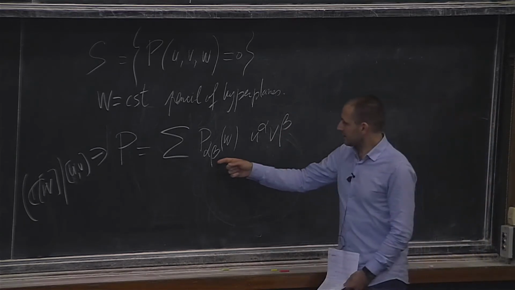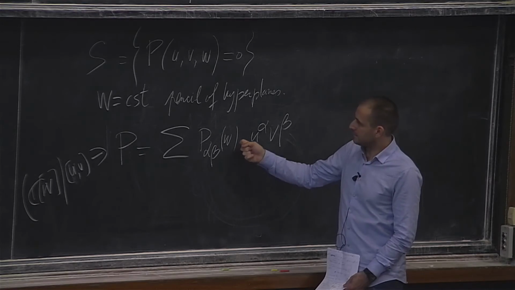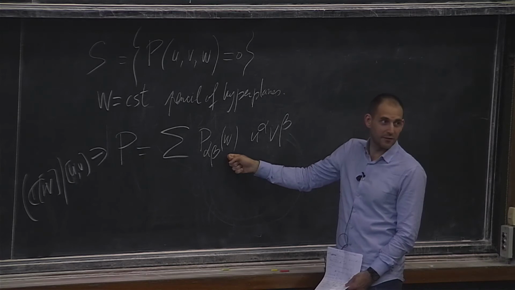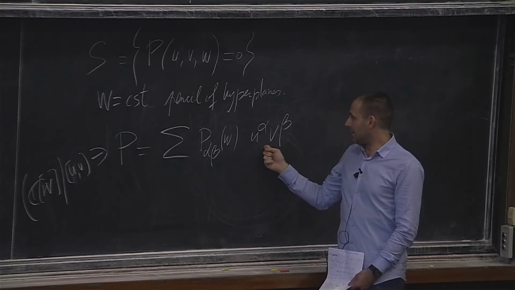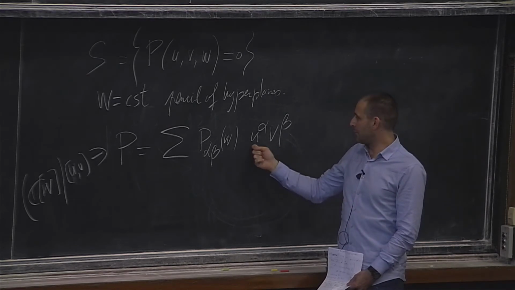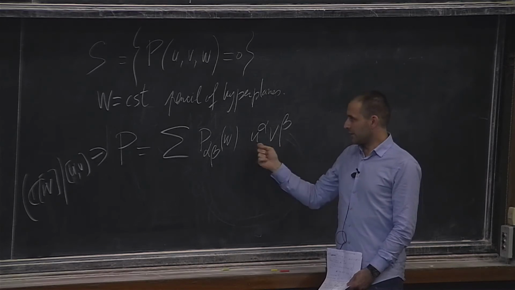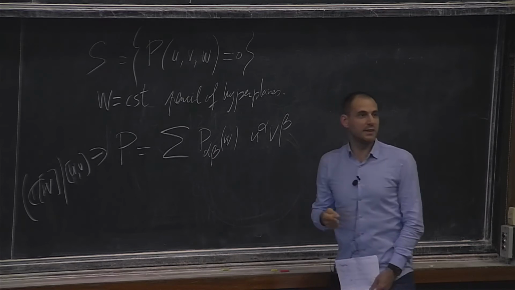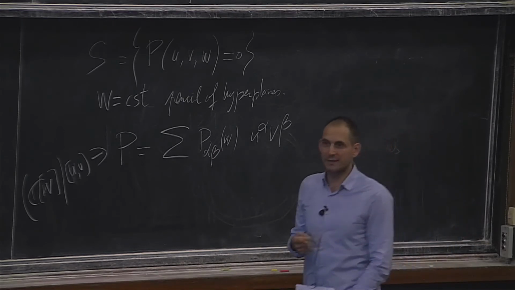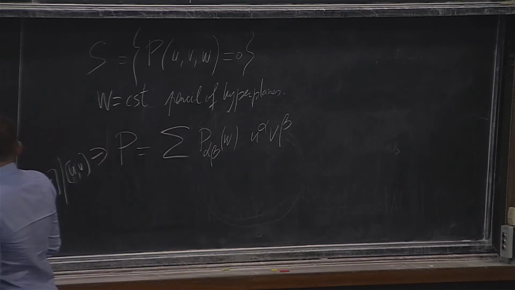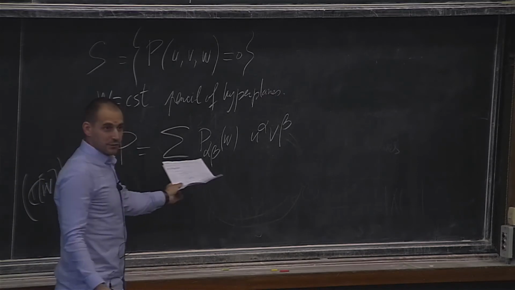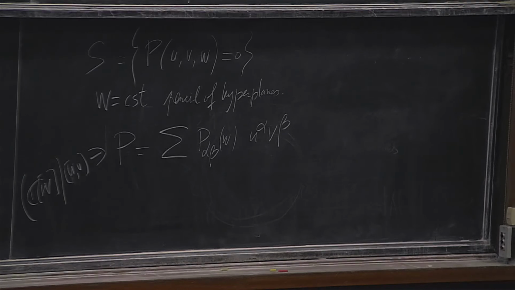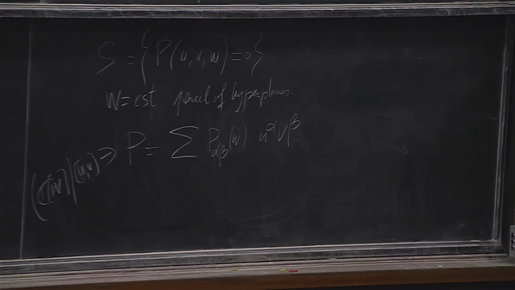And so in fact, in these examples, finding a section is exactly finding a rational point, namely a pair of rational functions in W, U, V, such that P of U V is equal to 0, right? So this is exactly finding a rational point on this algebraic curve, P equal to 0. So this is why it is called the geometric Mordell conjecture.